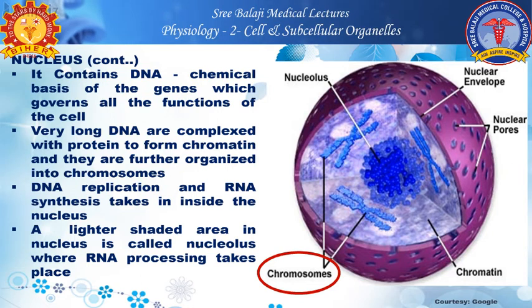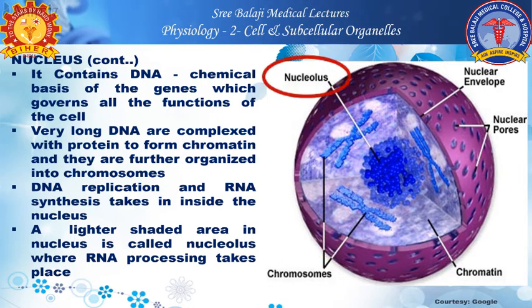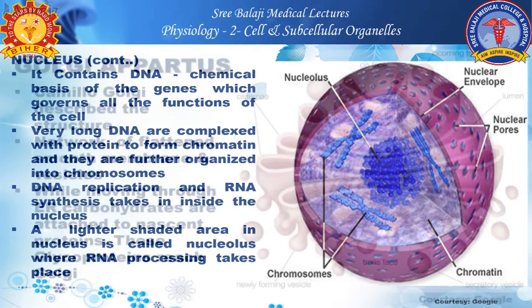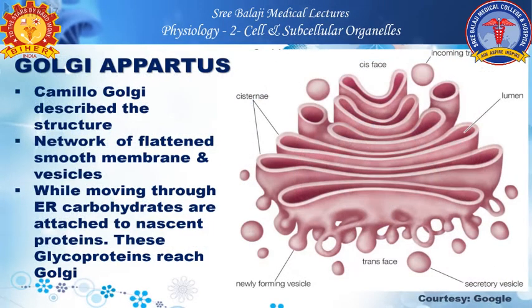A lighter shaded area in the nucleus is called as nucleolus, and that is where RNA processing will take place. So DNA replication and RNA synthesis, and here the structure tells you all. Got it? Okay.